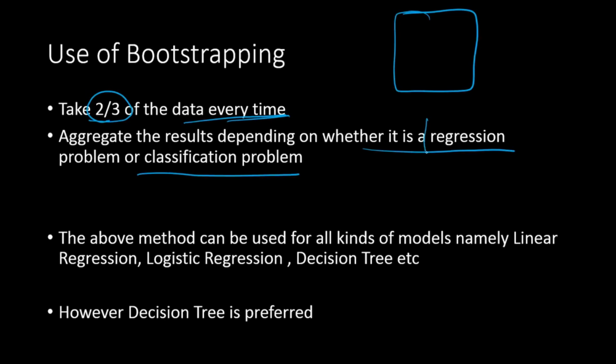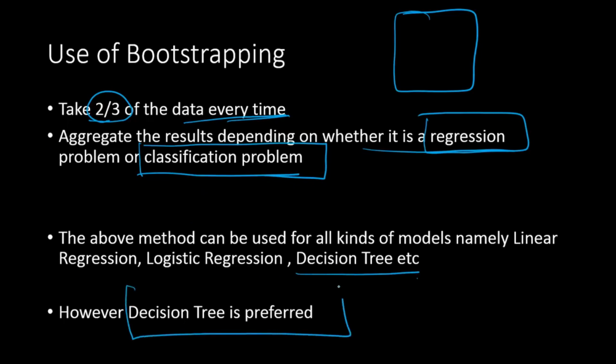If it is a regression problem, you go ahead with averaging the values, or if it is a classification problem, you just take the majority vote. And the above method can well be used for linear regression, logistic regression, and decision trees. However, a decision tree is always preferred in this case, but there is no thumb rule as such.